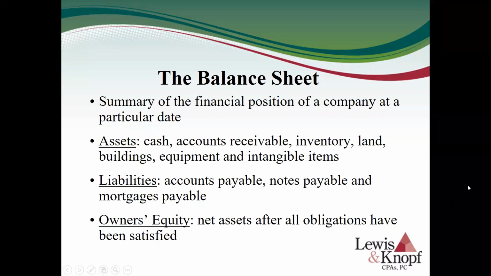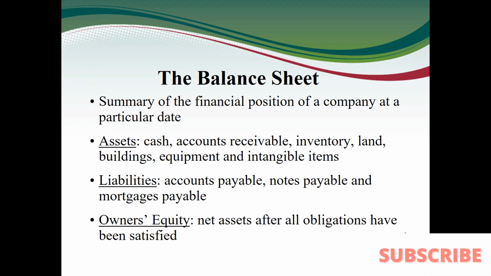So assets. It shows us the assets that the company has, which are cash, accounts receivable, inventories, land, building, equipment, and intangible items. Some of the intangible items are the patents and the goodwill. Those are intangible fixed assets. You see they have arranged the assets from cash and accounts receivable by how liquid they are, how easily they can be converted into money.